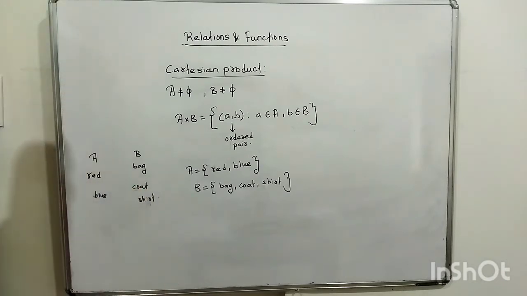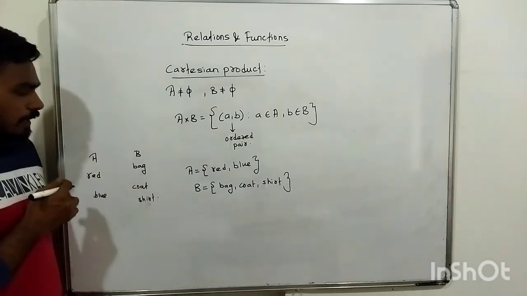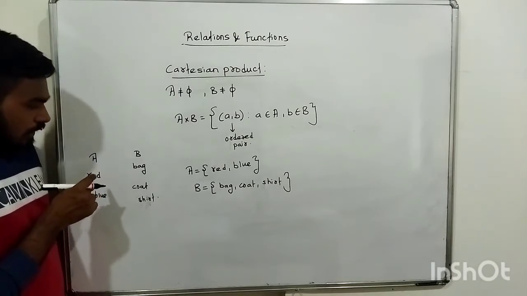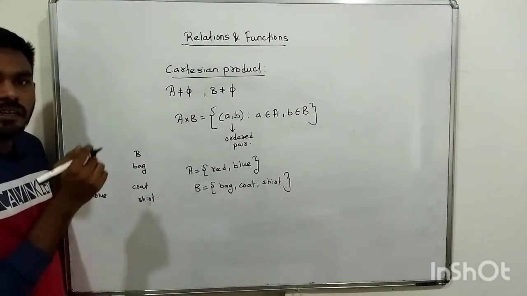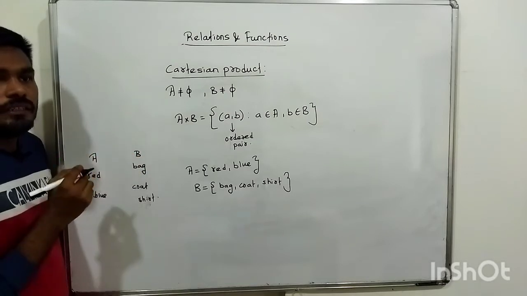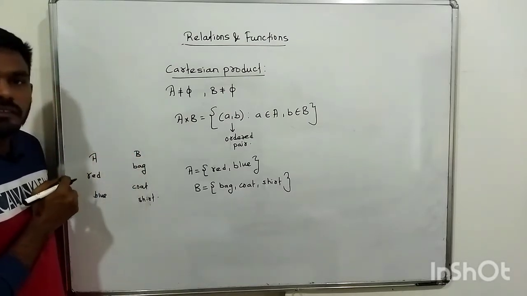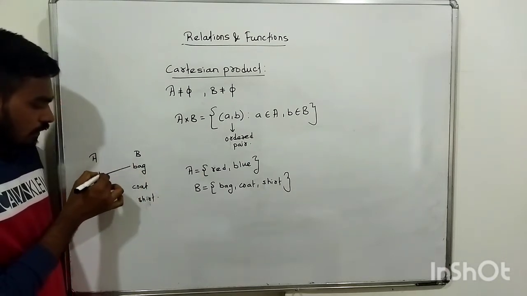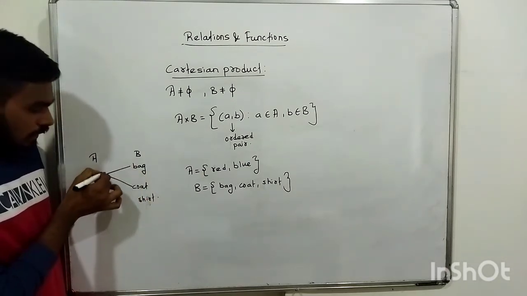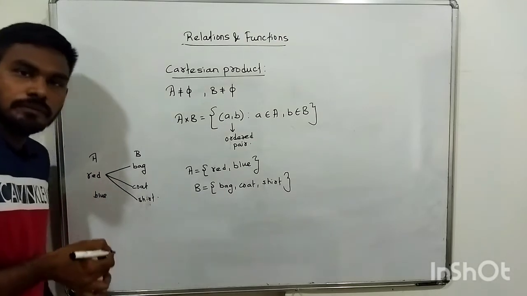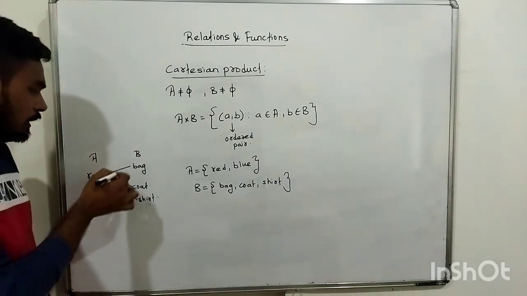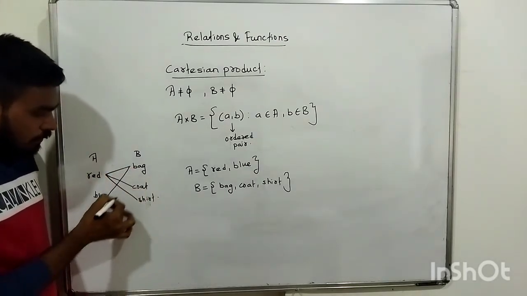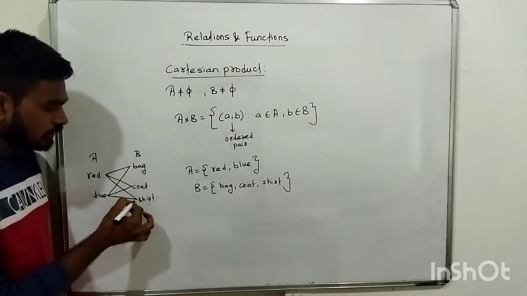Now see how many different pairs we can get. We can get a red bag, a pair of color and thing. Similarly, you can get a red coat, or a red shirt. Similarly, you can get a blue bag, or a blue coat, or a blue shirt.